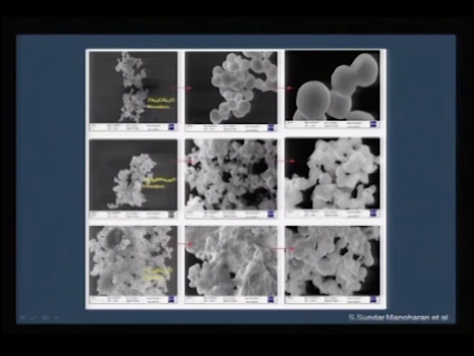And we can also prepare similarly cadmium based compounds or manganese based compounds or nickel based compounds.